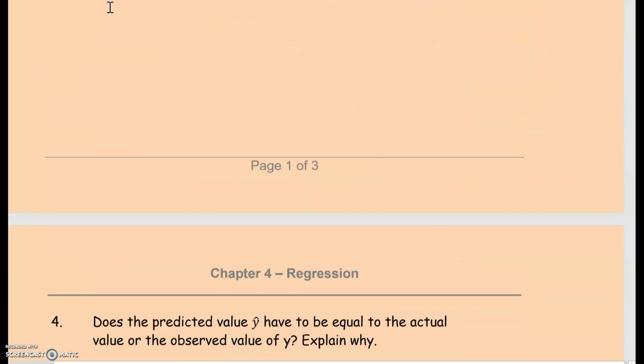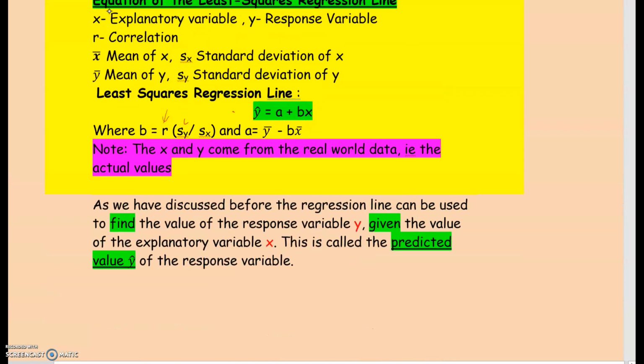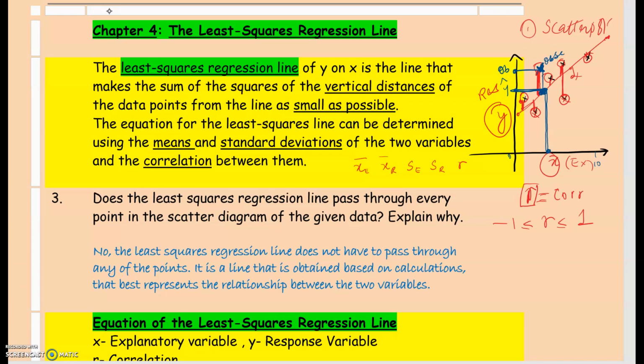Now, the next question says, does the predicted value y have to be equal to the actual value? And clearly that is not the case, as we've seen here in this example. Here is the predicted value, which is y hat. The value of the function is always the one on the y-axis corresponding to the x that you plug in. And this is your observed value.